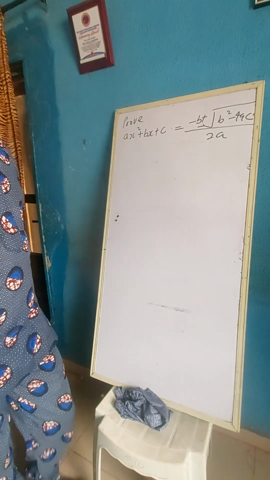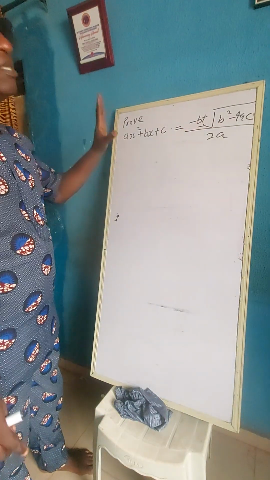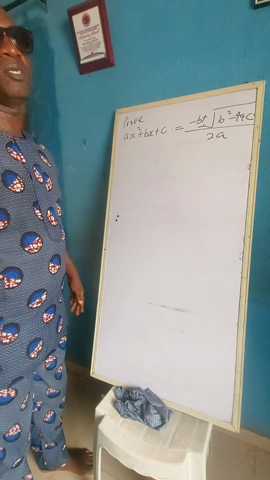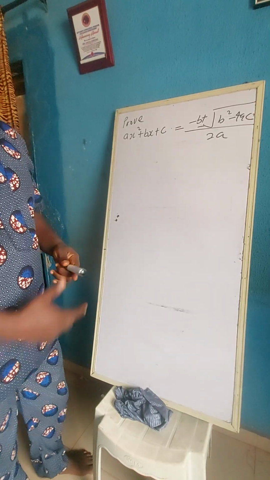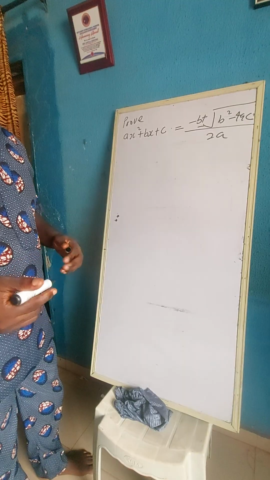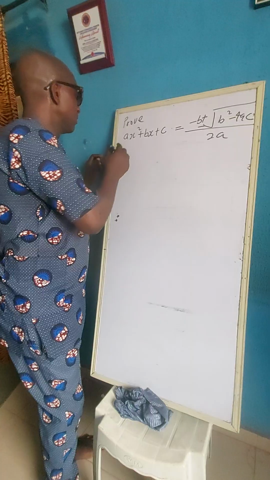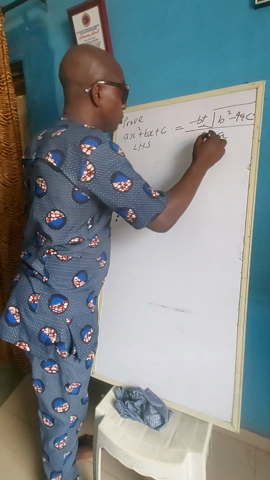You'll be asked to prove it. That means you make x the subject of the formula. This is the actual completing the square. You prove this one to be this, you'll be given marks. So let me give you this as a bonus. Let's start from the left hand side. We are moving down to the right.